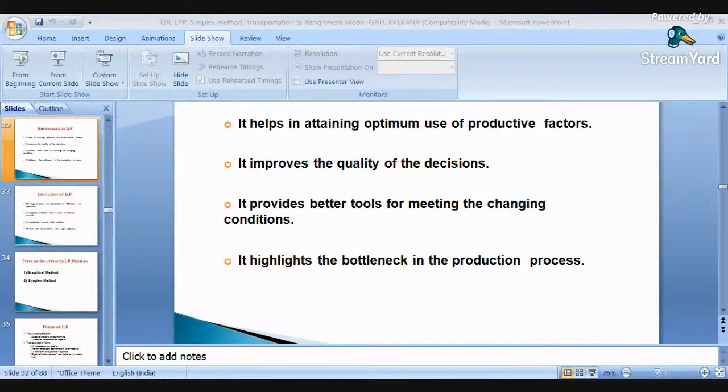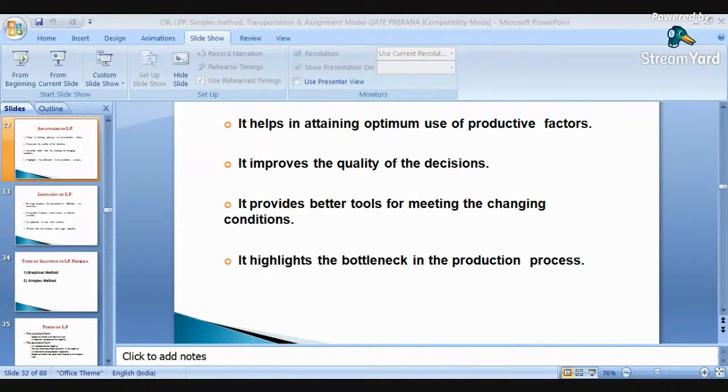Step number 4: choose the most negative number from row A1, and therefore x1 is the entering variable. Calculate the ratio and choose the minimum ratio. That variable, S2, is the departing variable.